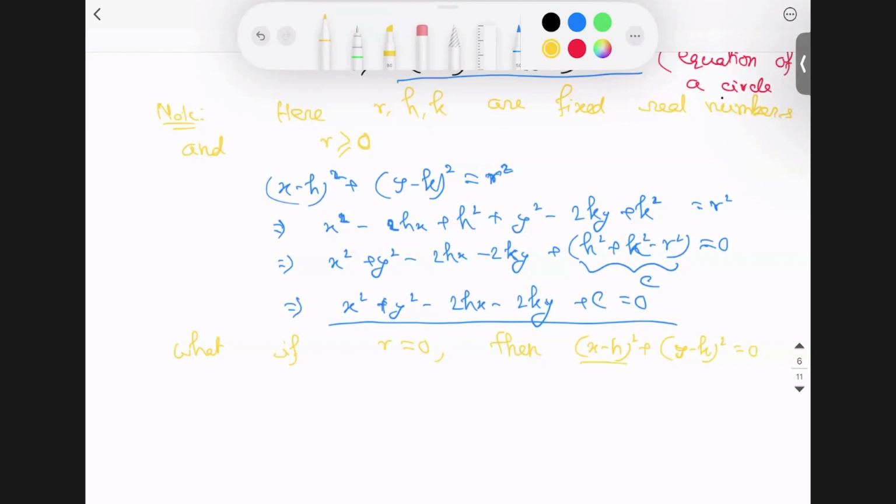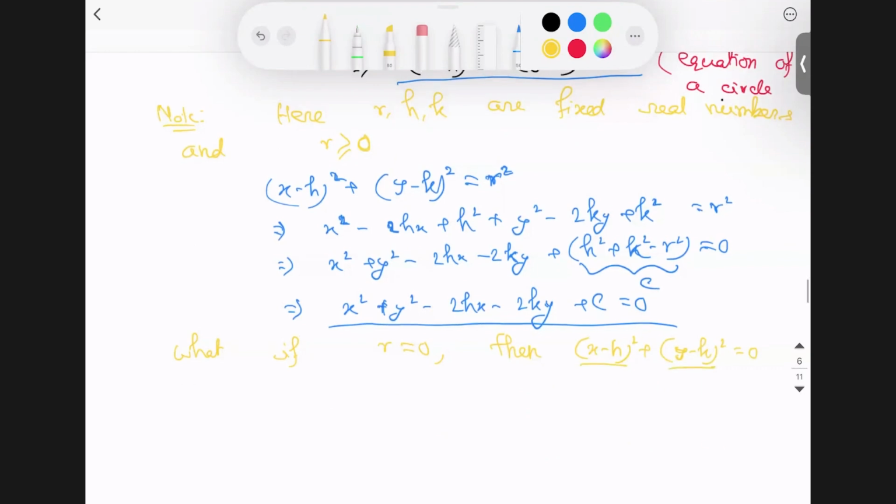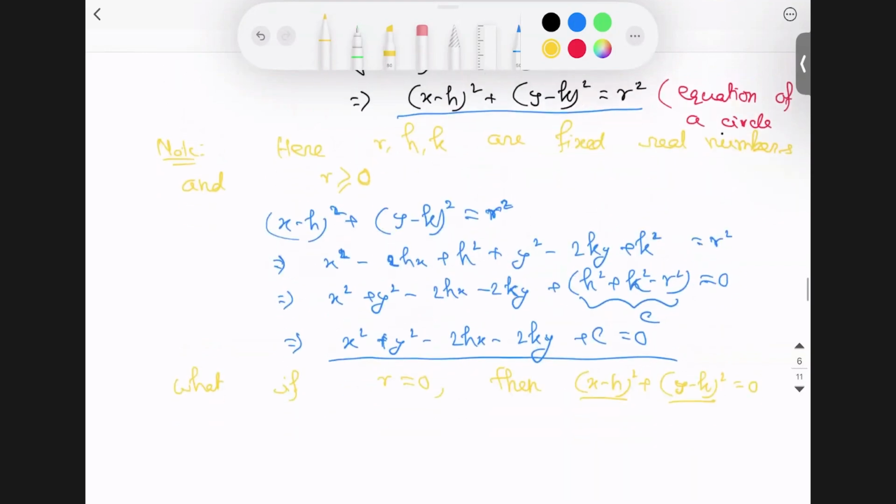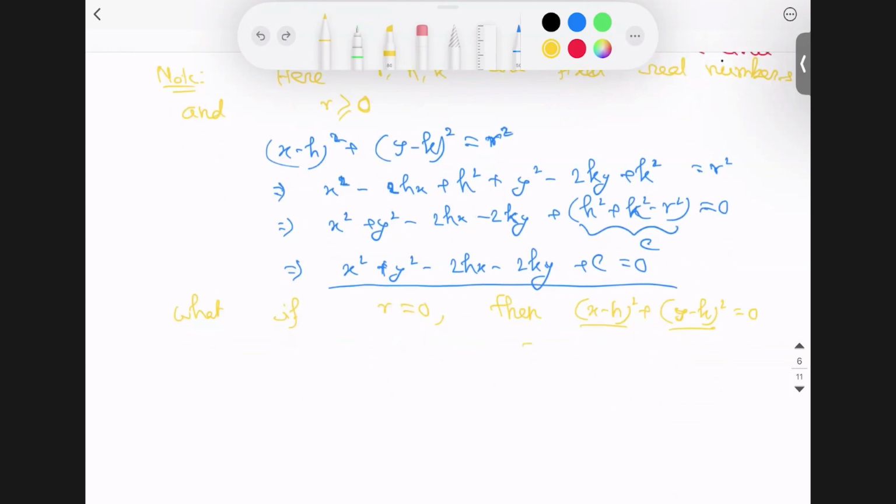Now, each of these is non-negative. So the sum of two non-negative numbers equals 0 is only possible when both are equal to 0. So this implies x equals h, y equals k. That means we are getting only a fixed point. So whenever r equals 0, the circle is nothing but a fixed point. The fixed point represents a circle of radius 0.